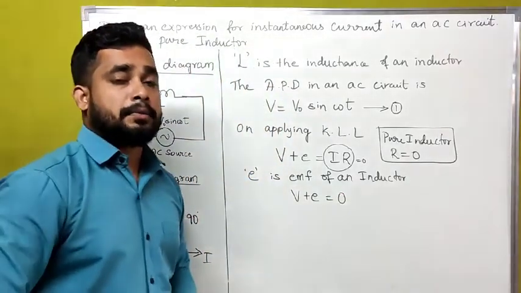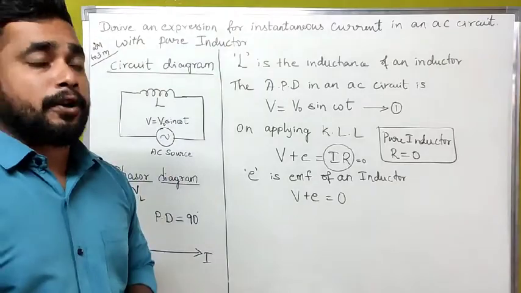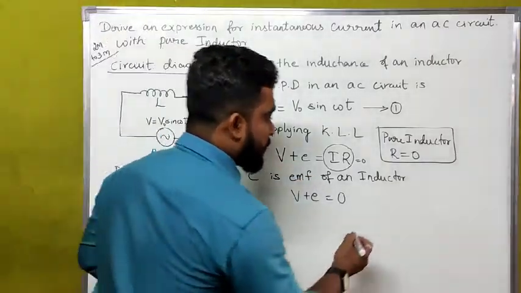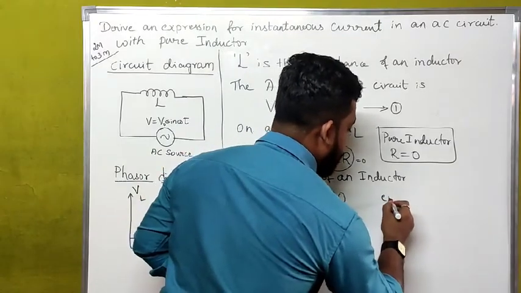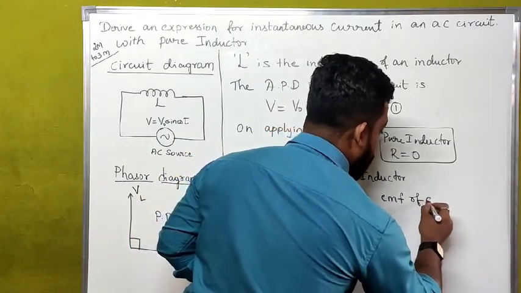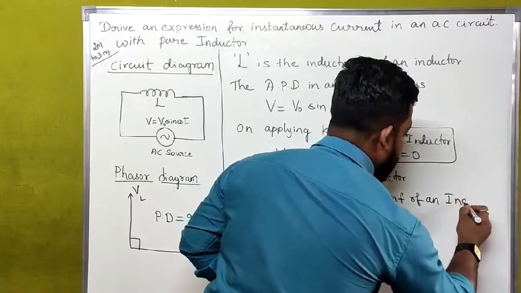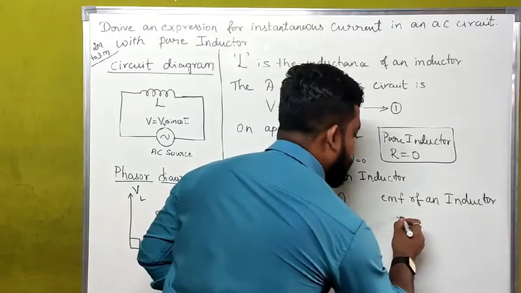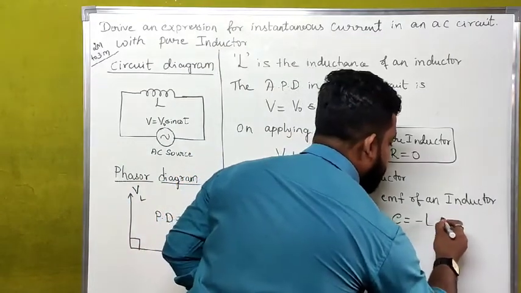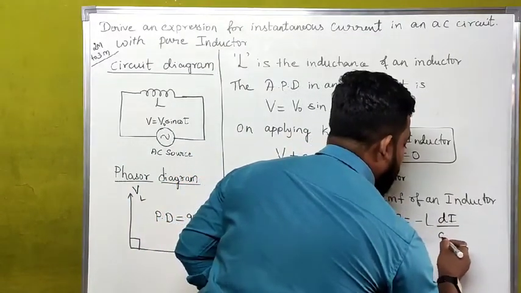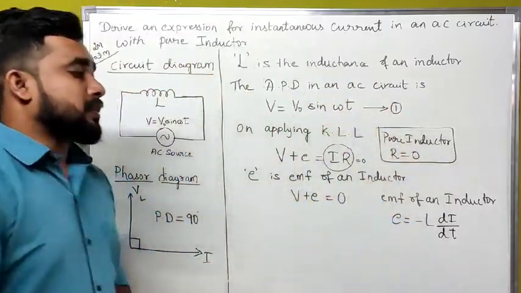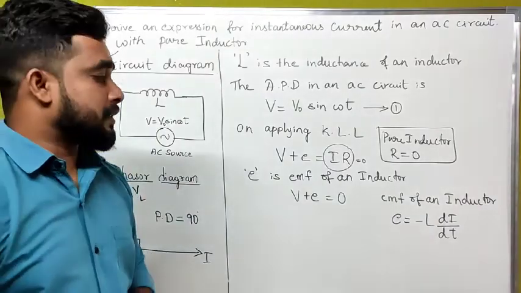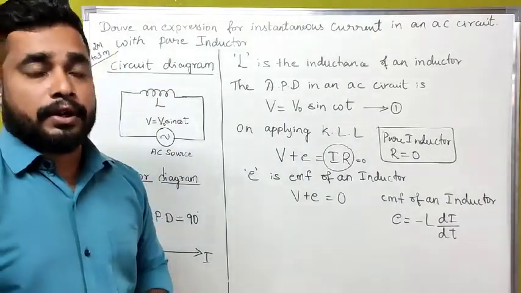But in our earlier chapter, we know the expression for the EMF of an inductor. What is the expression for the EMF of an inductor? E is equal to minus L into di divided by dt.